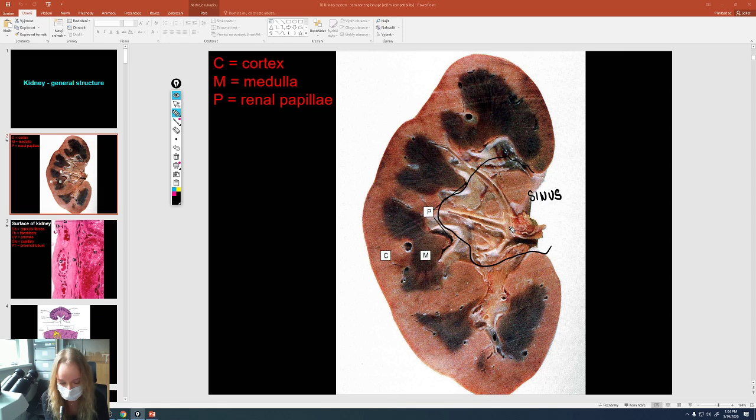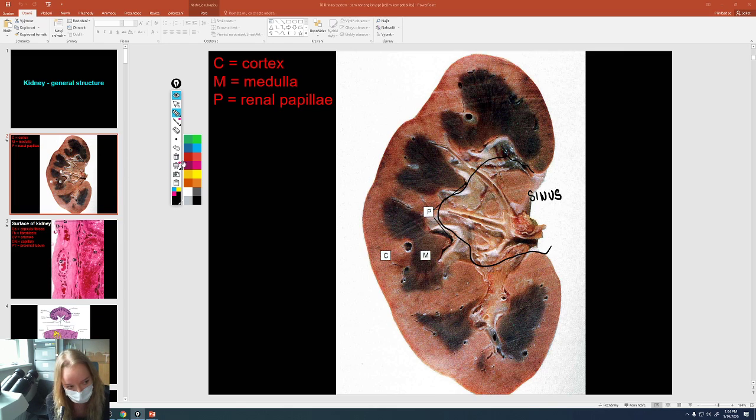We can find here vessels, veins and arteries, and also some of the collecting renal system: the renal pelvis and collecting structures like calyces. And of course, loose connective tissue with adipose tissue here and other stuff.